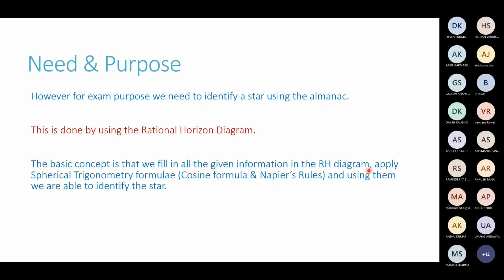Now, once you fill that up, the rational horizon diagram will give you the PZX triangle. Once this PZX triangle is there, and some of its parts are known, since the PZX triangle is a spherical triangle, we can apply the spherical trigonometry formulas, like the cosine formula or Napier's rule, whichever is applicable in a particular situation.